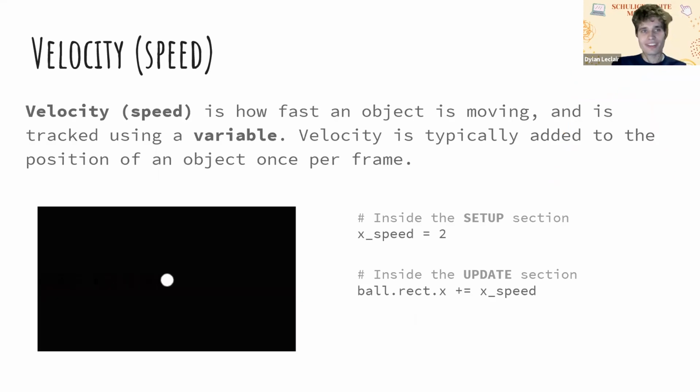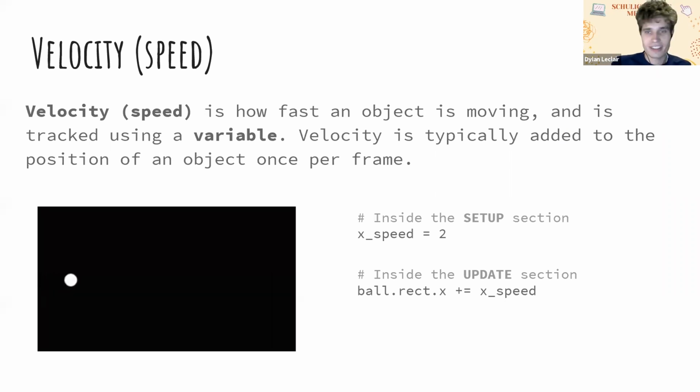First and foremost, let's talk about velocity. We're going to be calling it speed just because it's easier to type and a bit faster to work with. But speed is how fast an object is moving and is tracked using a variable. Speed or velocity is typically added to the position of an object once per frame.